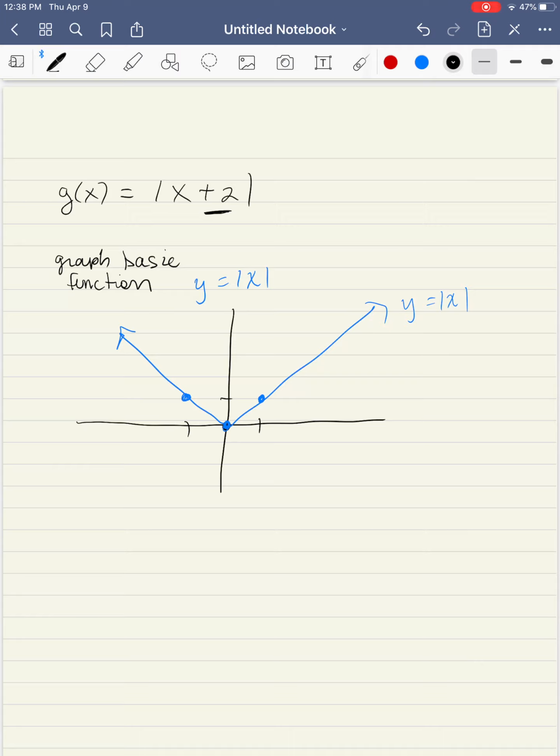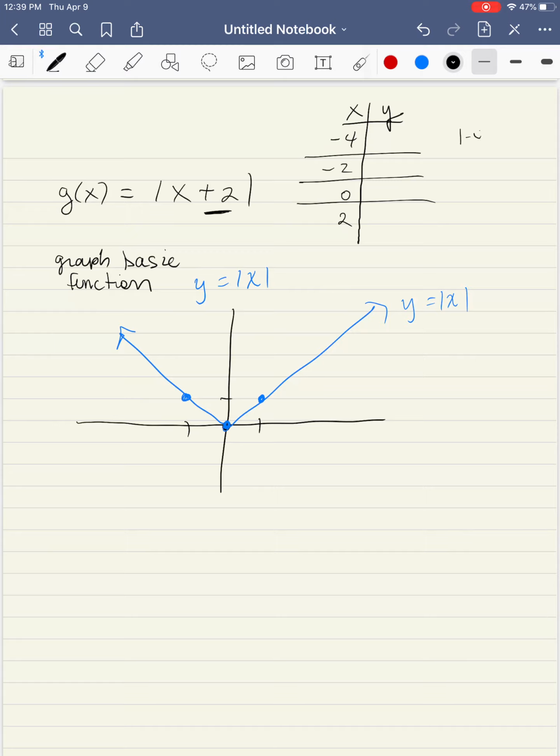Okay, let's go ahead and plot some points and just get an idea of what is happening with this graph by making a t-table. And again, we're not going to be doing this in the future. We're just going to use our transformation rule. I'm doing it this one time to help you understand why the rule works the way it does. So I'm just going to put in negative 4 and negative 2 and 0 and 2.